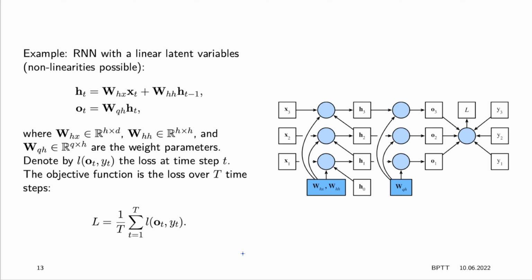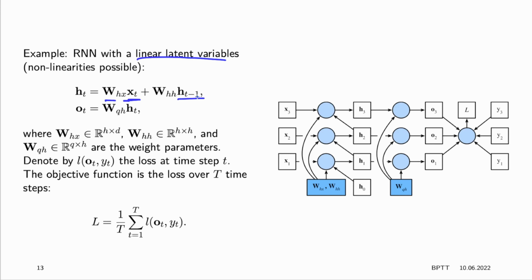Finally, let's look at an example recurrent neural network and do backpropagation through time on it. So here we have the computational graph of a recurrent neural network that only has linear latent variables. Linear means that we take our inputs x_t and multiply them with a weight matrix W_hx.